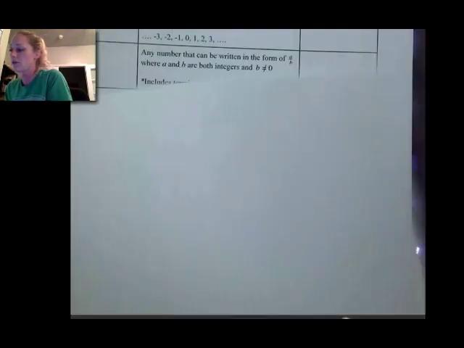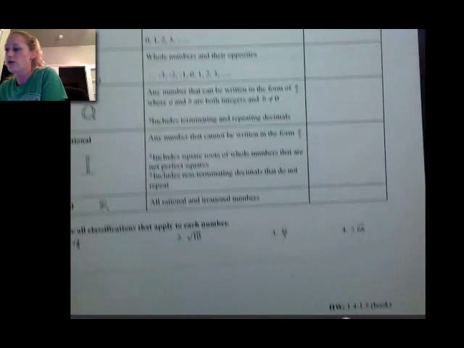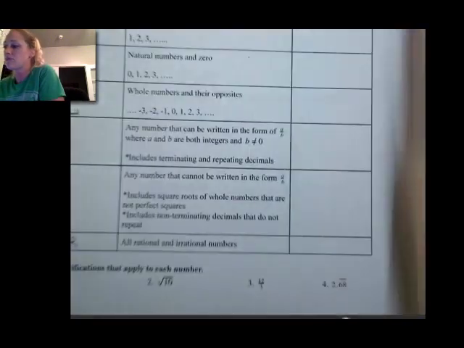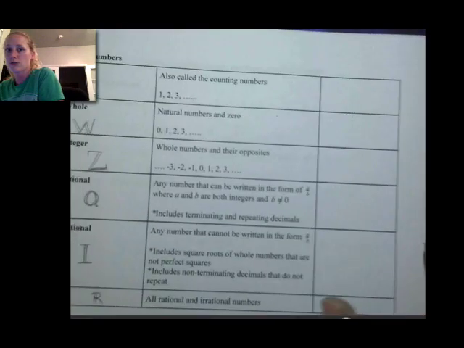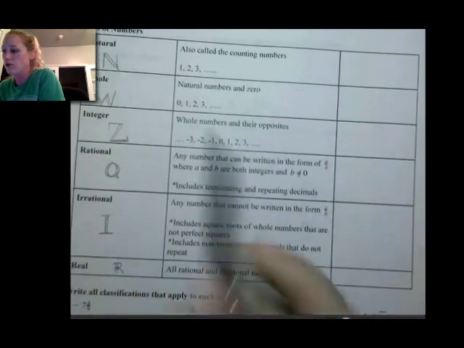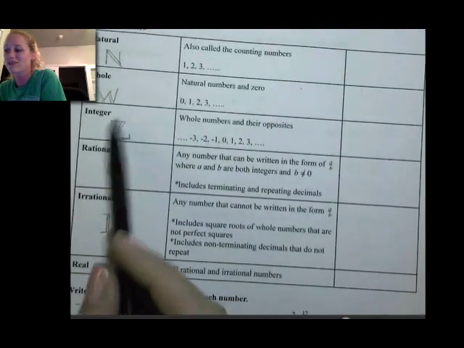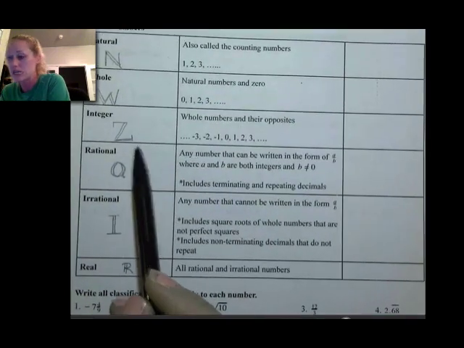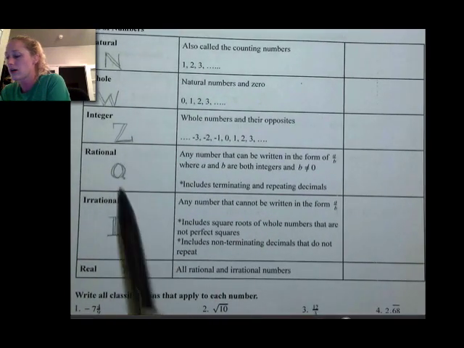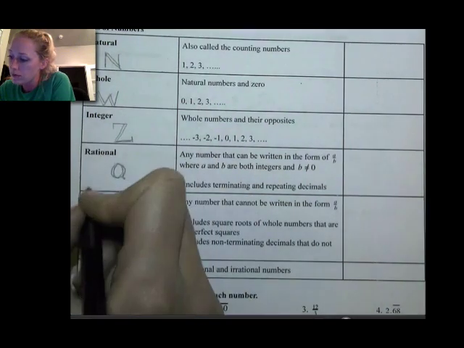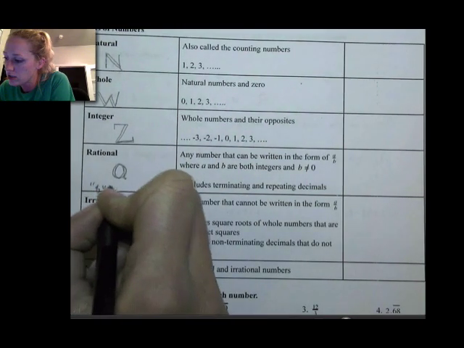Okay, so we're going to come up with just a couple other examples here, you guys. Here are some notes on their definitions exactly, but I like that Venn diagram as well. You'll notice that each of these have symbols. So natural is a capital N, whole is a capital W, integer, that one's a little weird, but it's a capital Z. Rational, I always think of Q because of quotient.